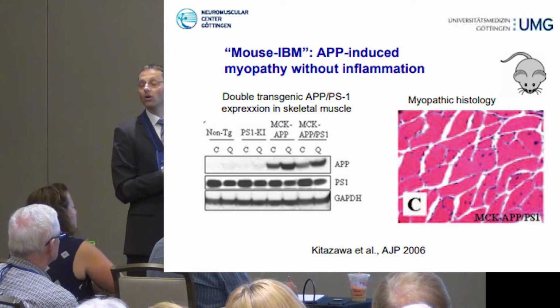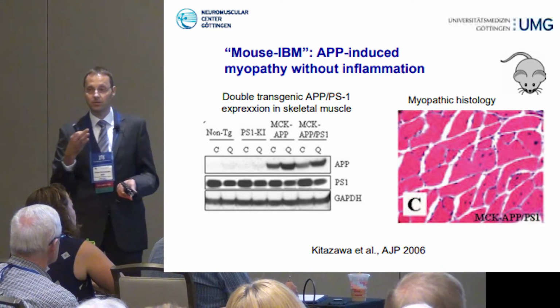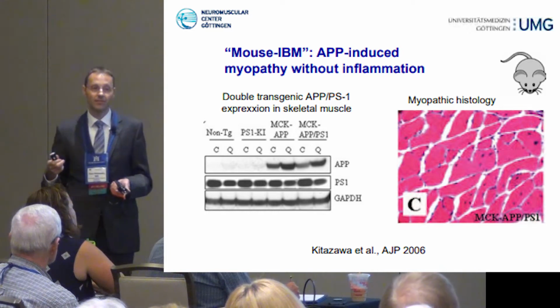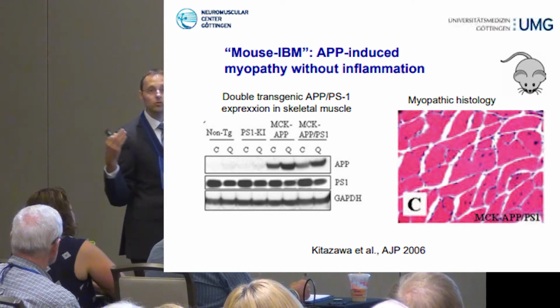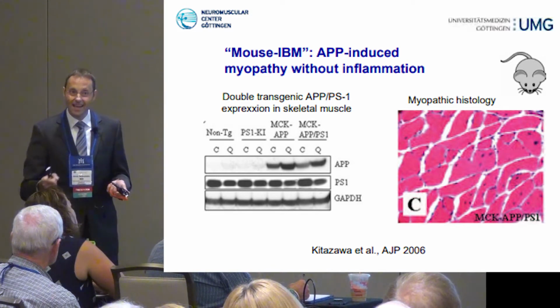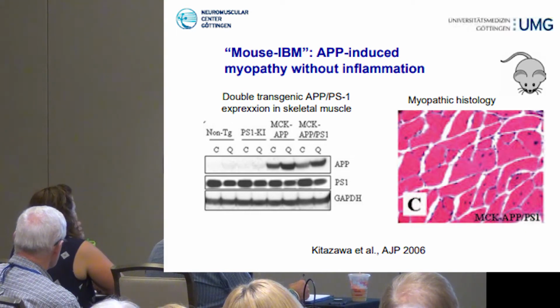Actually, it was a little bit more complicated. It was a double transgenic, so not only APP, but also presenilin. And this may ring a bell from one of the first slides that we had. Amyloid, APP, presenilin, these are those genes with exactly the same mutations in APP and in presenilin that are present in Alzheimer's.